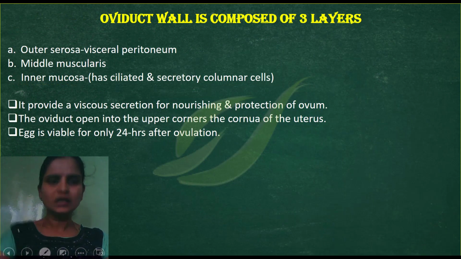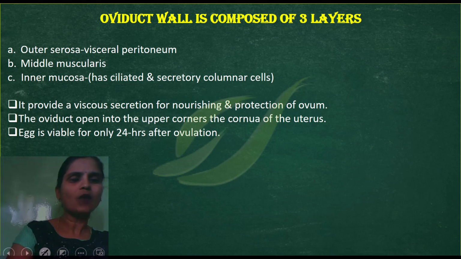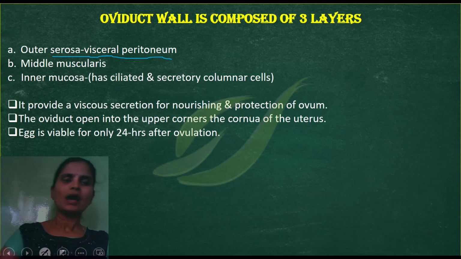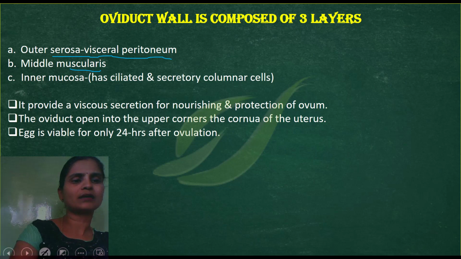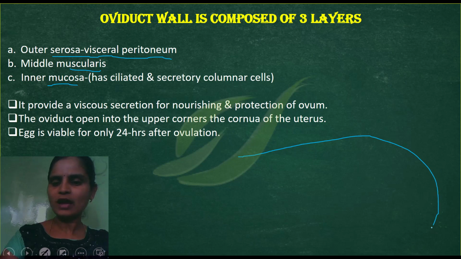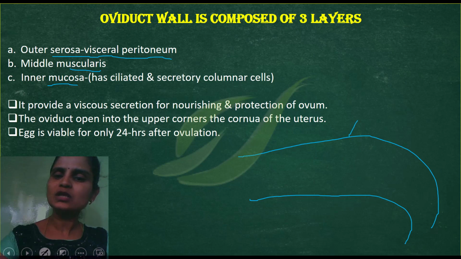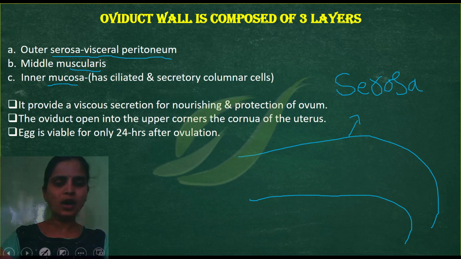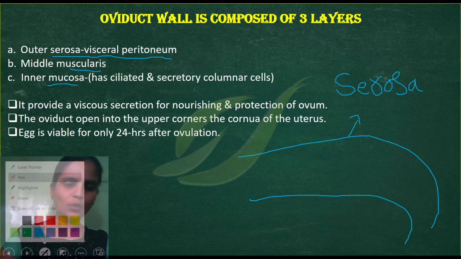Next, if we look at the internal structure of the fallopian tube, it consists of an outer serosa or visceral peritoneum, a middle muscularis layer and an inner mucosa layer. In the fallopian tube, the outermost layer is called the serosa layer, or peritoneum.